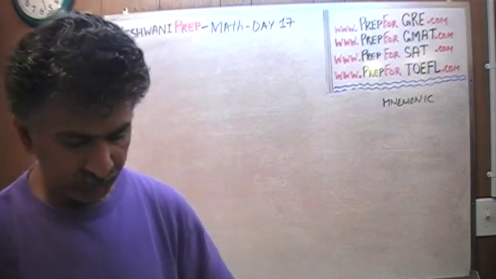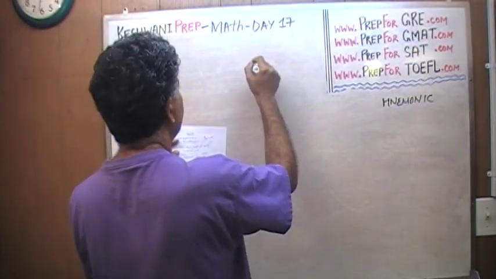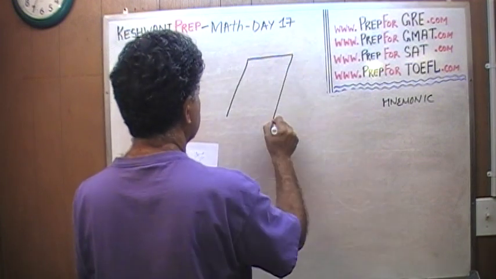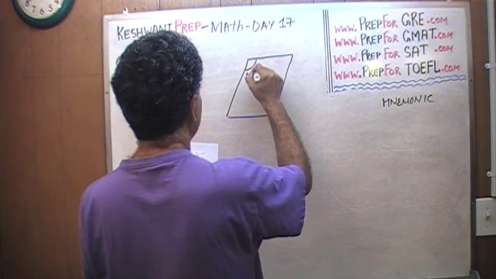Today we have a geometry problem, and here's the problem. We are given a parallelogram PQRS, and we are told that this angle is 100 degrees.